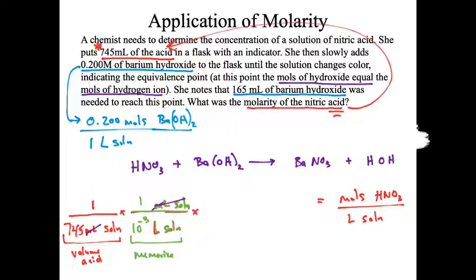Okay, so that if I know the moles of barium hydroxide, I know how many moles of barium nitrate could be produced. If I know the moles of barium hydroxide, I know how many moles of water could be produced. But probably most importantly, if I know the moles of barium hydroxide, I know how many moles of nitric acid are necessary to react. The balanced chemical equation gives me that.